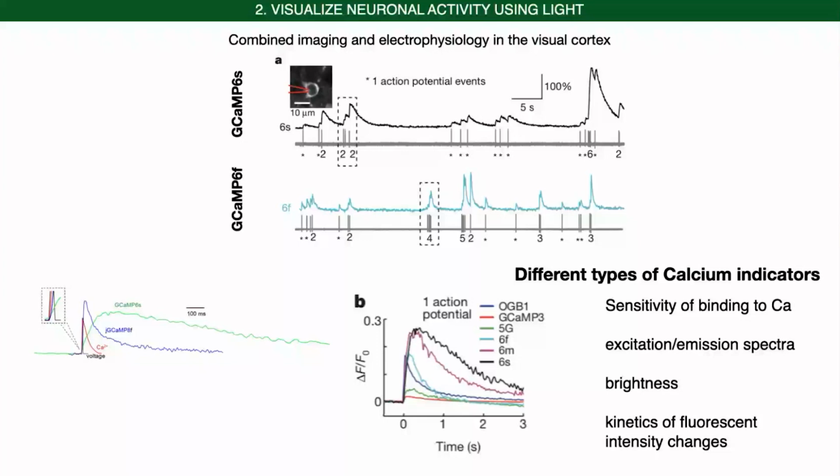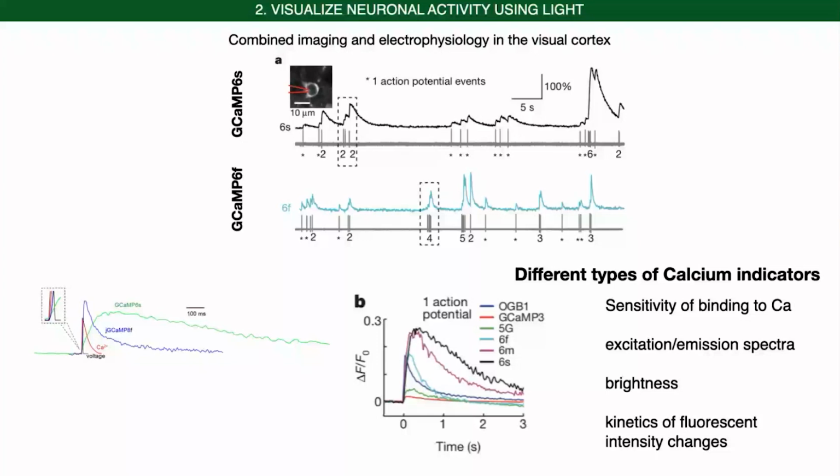The green, the 6s, is an older calcium indicator that all laboratories used to use. And now there are newer calcium indicators like the 8f, which we are using right now, which have better dynamics. So with time, probably we will have even better calcium indicators that can allow us to really visualize calcium influx in real time.